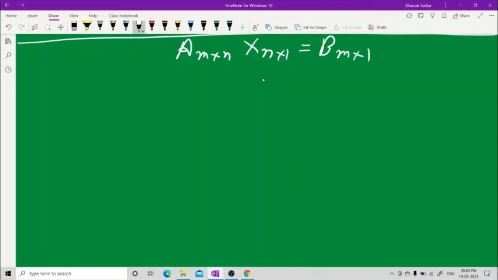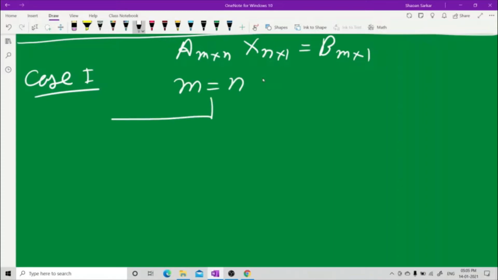The table. A is an m cross n matrix. Suppose the first case, case number one. This is when m equal to n. Before that, let me tell you one thing.